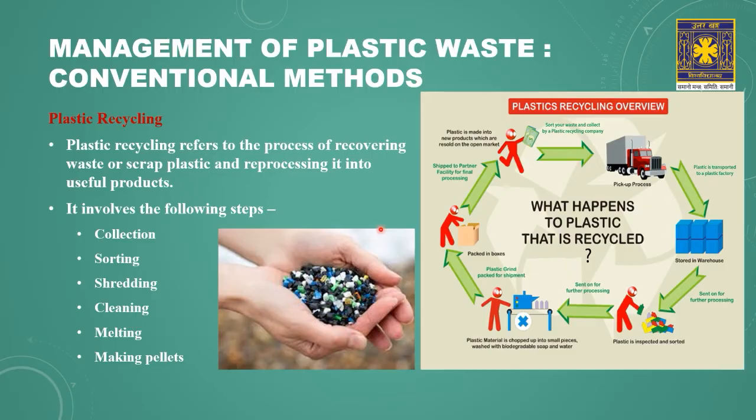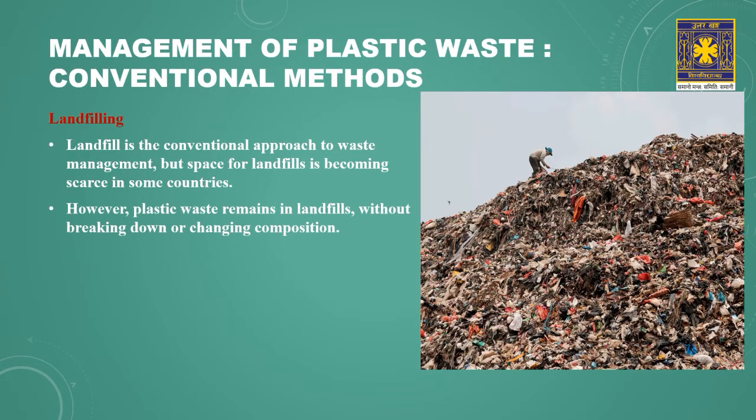This recycling process involves first the collection of the plastic, then sorting the plastic, that means separating the different types of plastics, then shredding the plastics through shredder machines. After that comes cleaning and melting the plastics, finally making pellets so that they can be recycled and reused for further use.